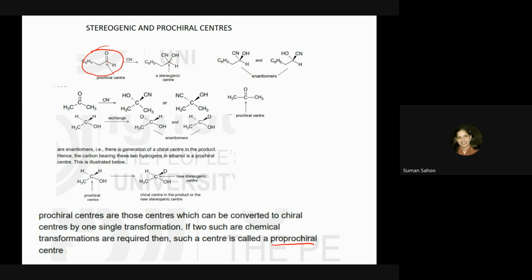Even in this example, you see, if we exchange this hydrogen with deuterium, that also gives you a stereogenic center, because this is not chiral, you have two hydrogens here. So that's why this carbon is your prochiral center and this is your new stereogenic center.